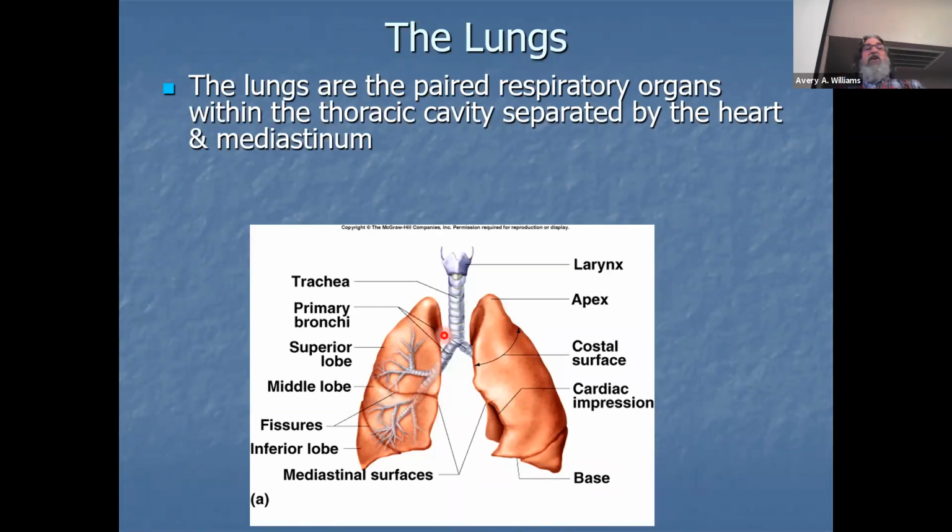So what are the lungs? The lungs are paired respiratory organs within the thoracic cavity, separated by the heart and the mediastinum. So you see this is, of course, the right lung, the left lung, the space right here. You can almost visualize the heart being situated right here.